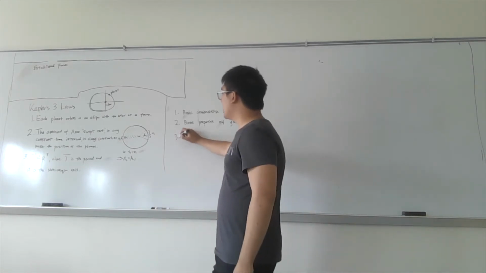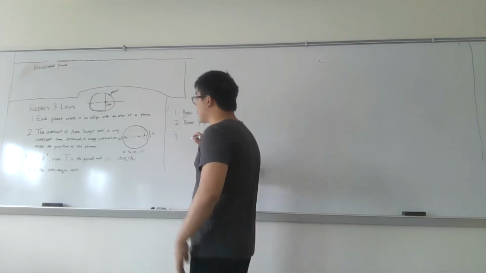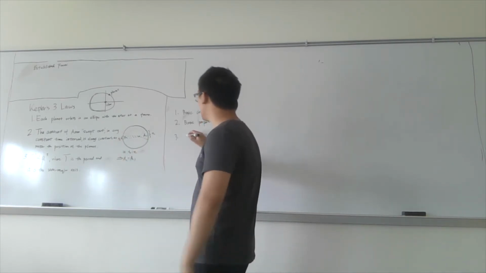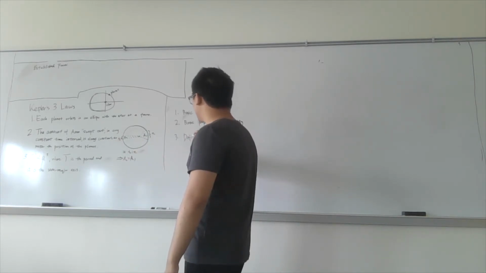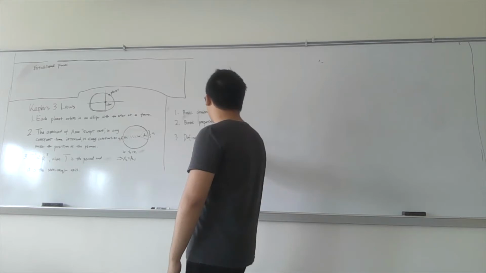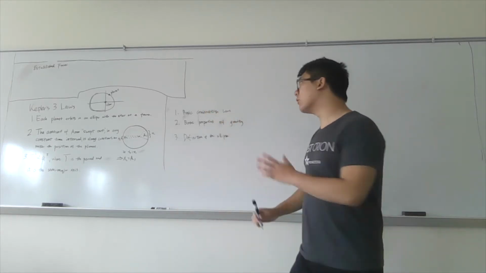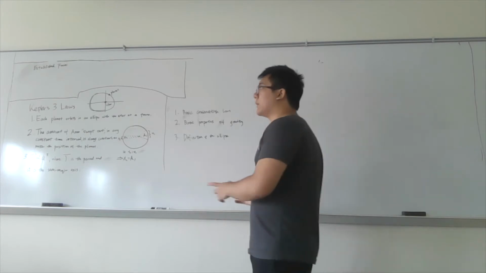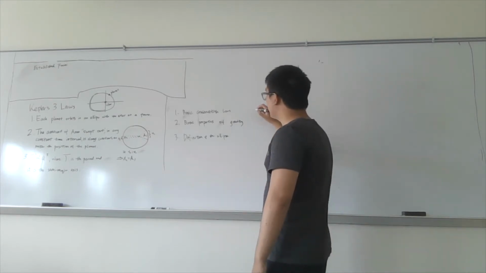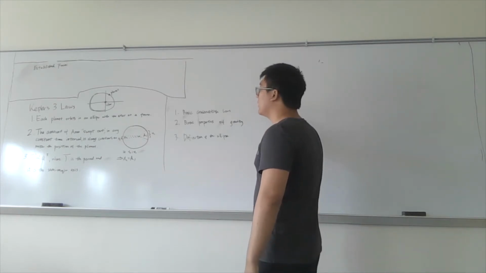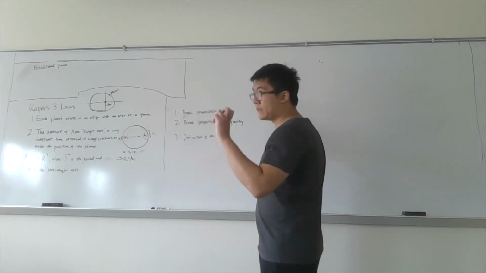And of course, we're going to need to use the definition of an ellipse as a locus. So in deriving these three laws, we're going to have to develop some theory.